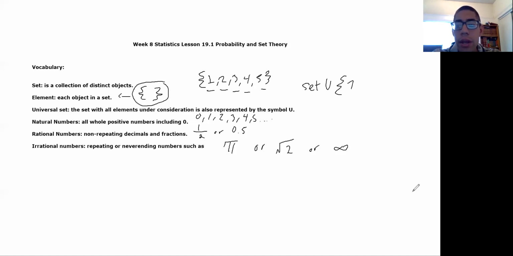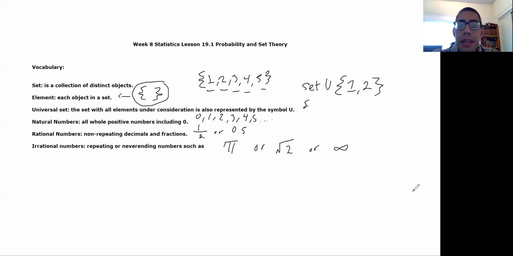Then there's only 1 and 2 because 1 is bigger than 0 and 2 is less than 3. So this would be my universal set. Whatever problem I'm doing is only going to deal with those numbers inside the universal set, right?